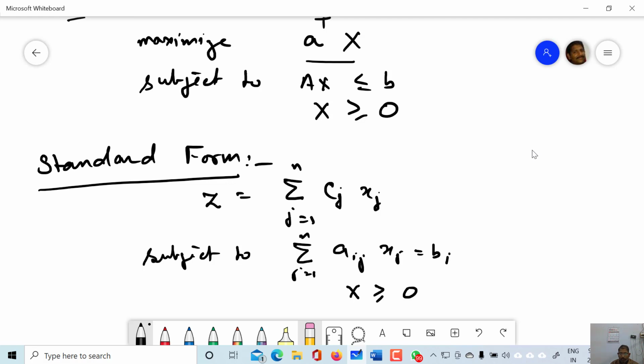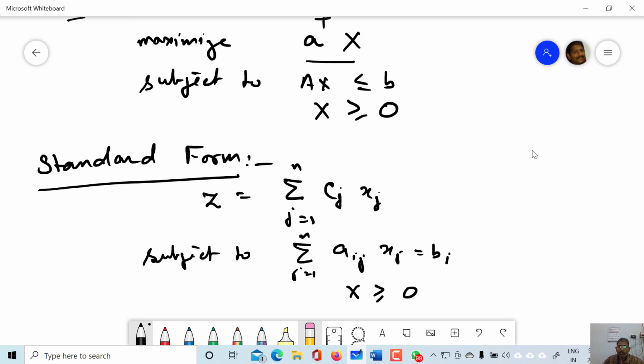Now mixed form. In the case of mixed form, you will include the equality also. That means if the limiting condition will be satisfying as well as the less than condition will be satisfying, both will be mixed together, and for both of the cases you will say that it will be maximum.